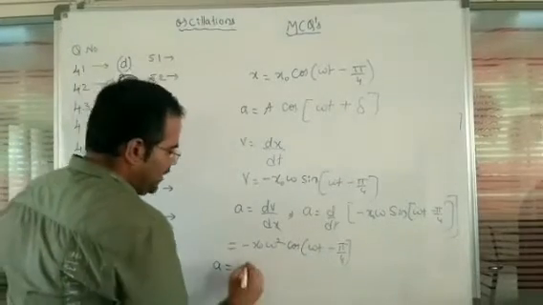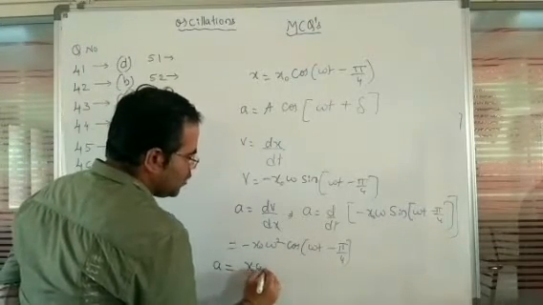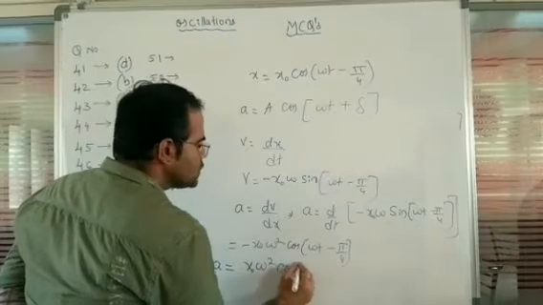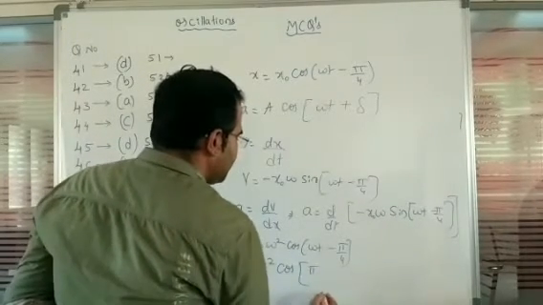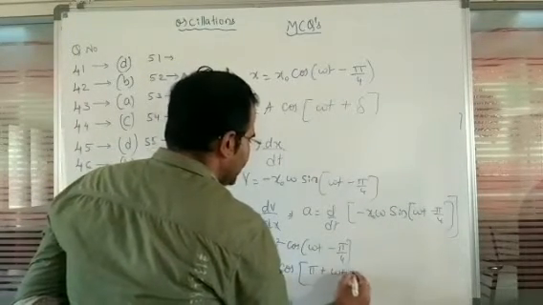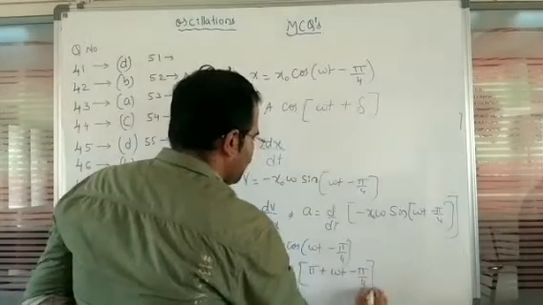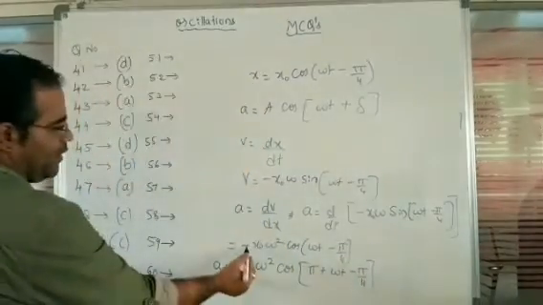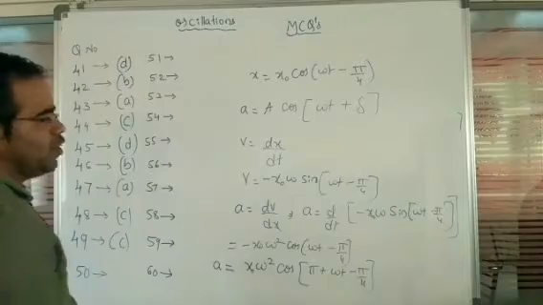So when we convert here, we can write x naught omega square cos of pi plus omega t minus pi by 4. So here you are converting the negative term into a positive term.